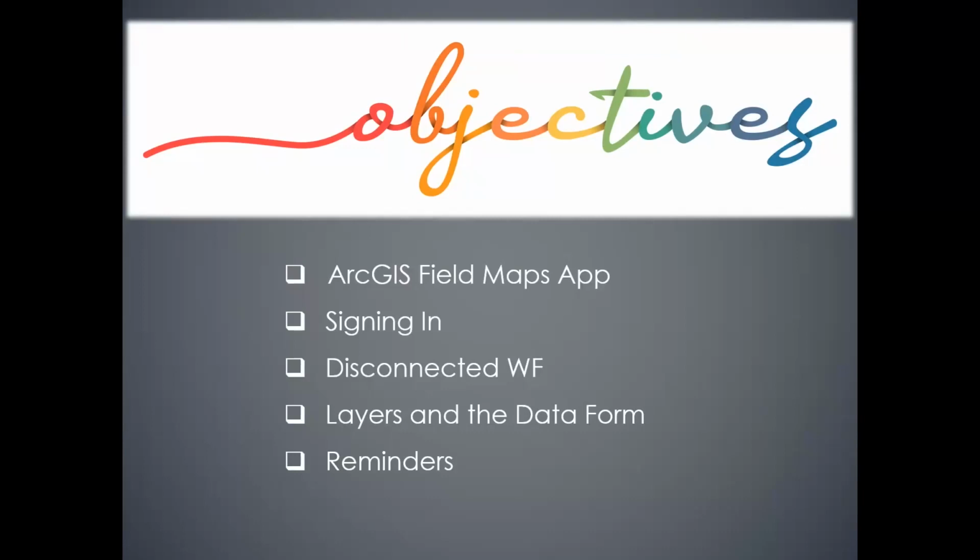One is provided as a training version, and we're going to talk about how signing into those is really important. We're going to overview what I've referred to already, that disconnected workflow that I'm saying is so important. Let's look at what that is and just get an overview of that. We're going to look at the layers that you are allowed to edit in the mobile apps and what those data forms look like.